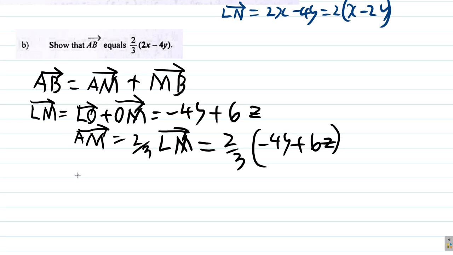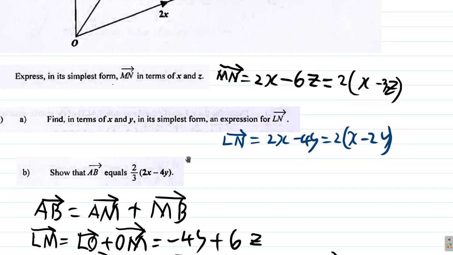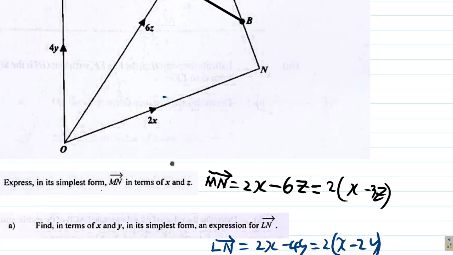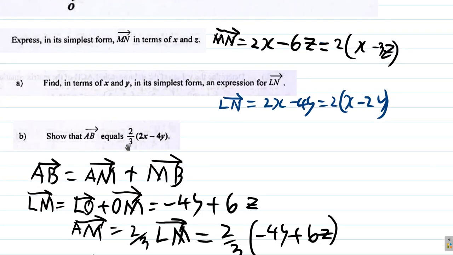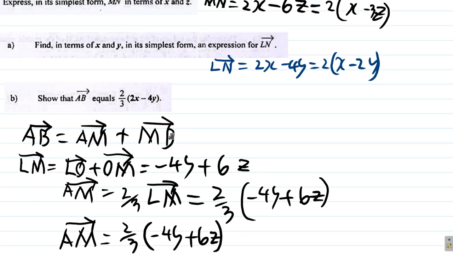So you can write here that AM is 2/3 of negative 4y plus 6z. Now, remember, AB equals AM, which we found a while ago, plus MB. We need MB now. All right?